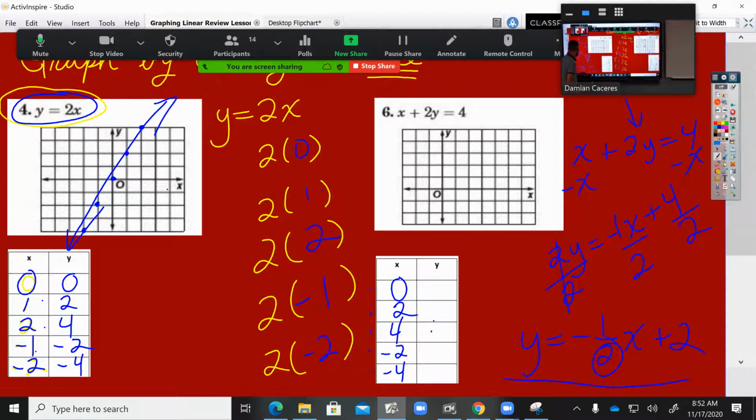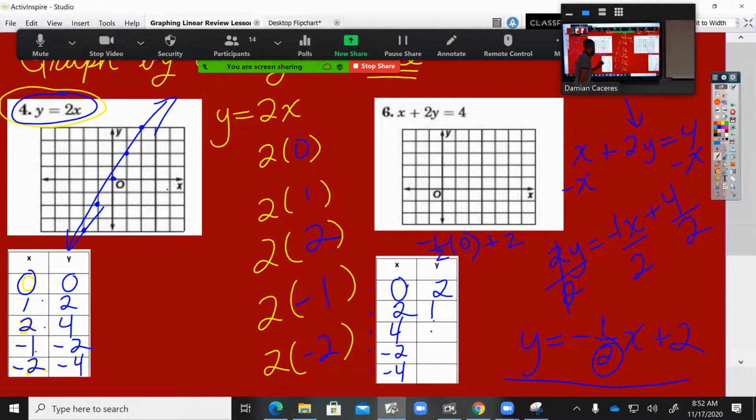Now here, we plug in 0 into negative 1/2 times x plus 2. That's the equation, negative 1/2 x plus 2. So you plug in each one of these and solve. Anything times 0 is 0, 0 plus 2 is 2. Now 2 times negative 1/2 is negative 1.